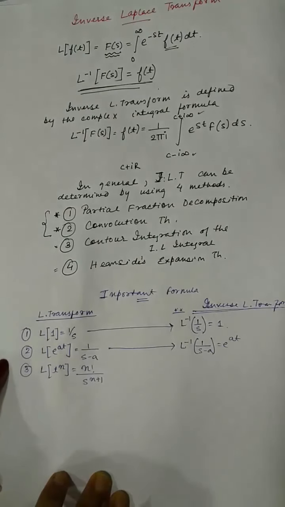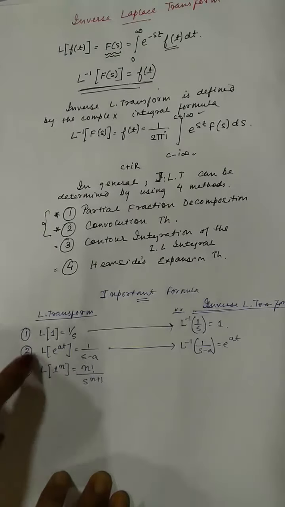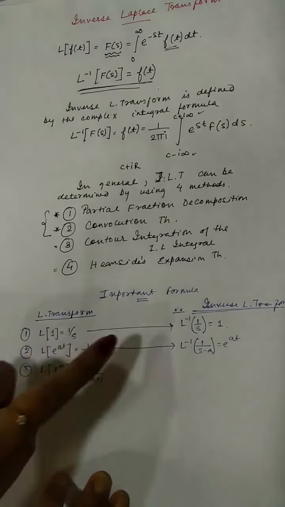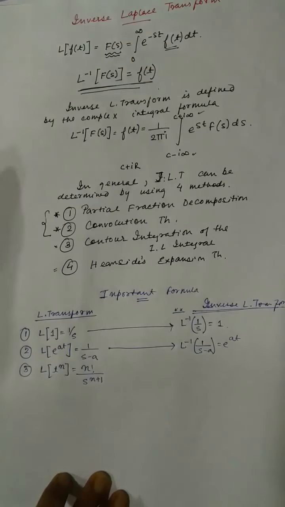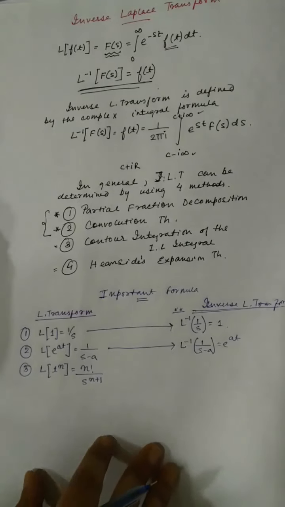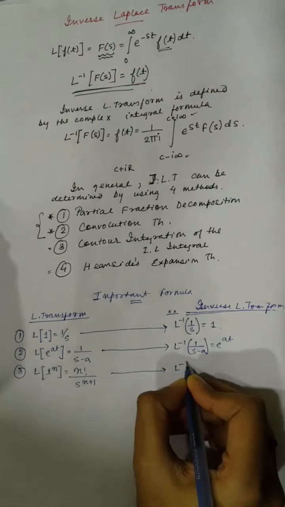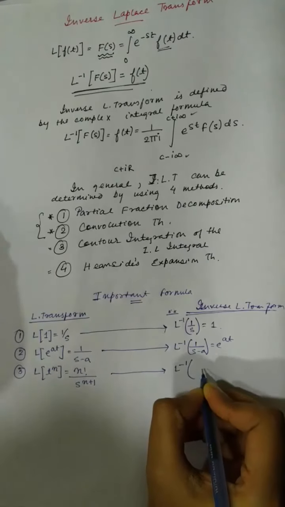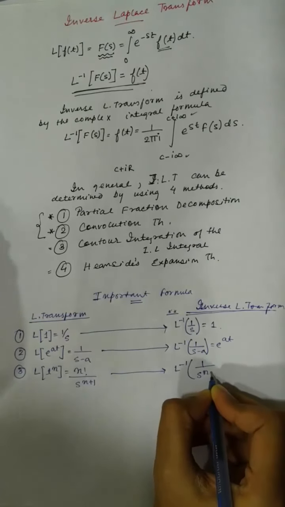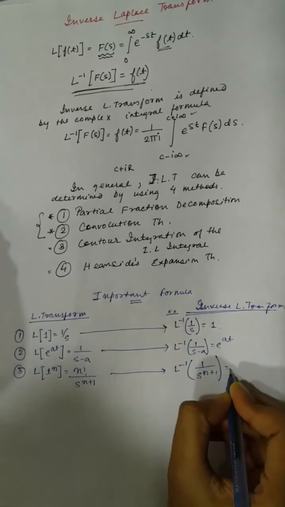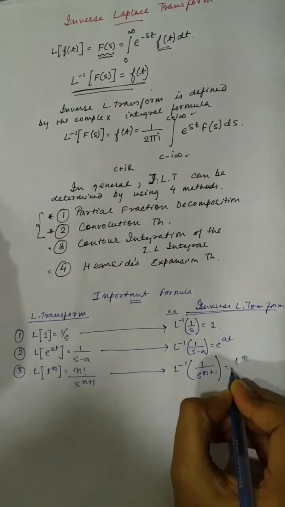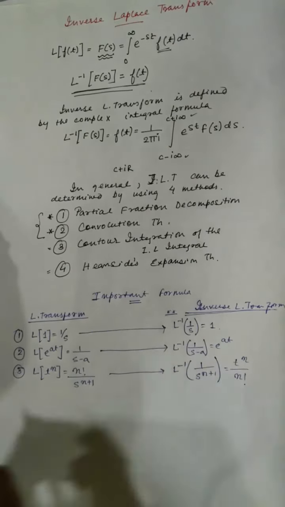These Laplace transforms we have derived, and from these derived Laplace transforms we can automatically write the inverse transforms, right? Hope it is clear to you all. So if this is the case, then inverse Laplace transform of 1 by s to the power n plus 1 is equal to t to the power n divided by factorial n, right?